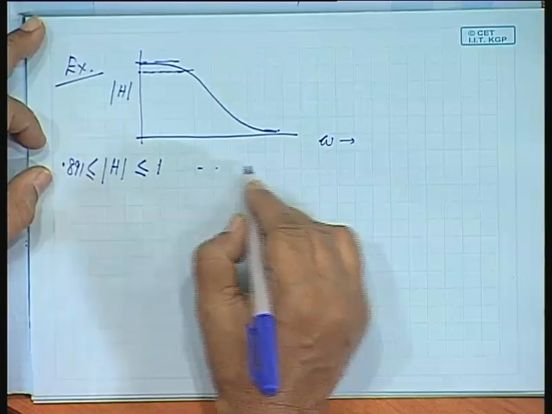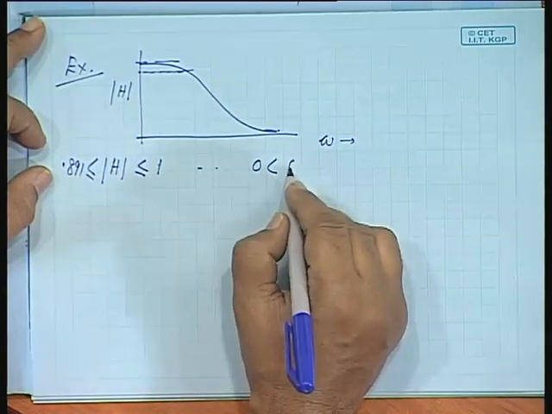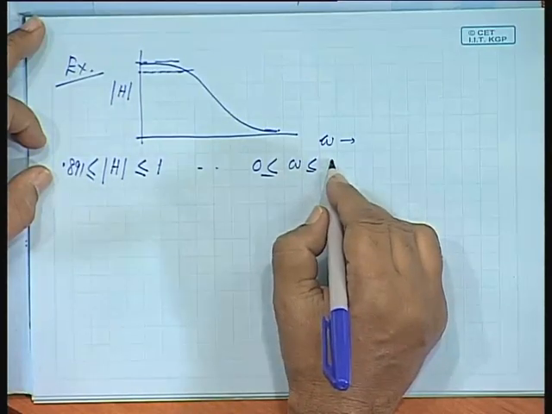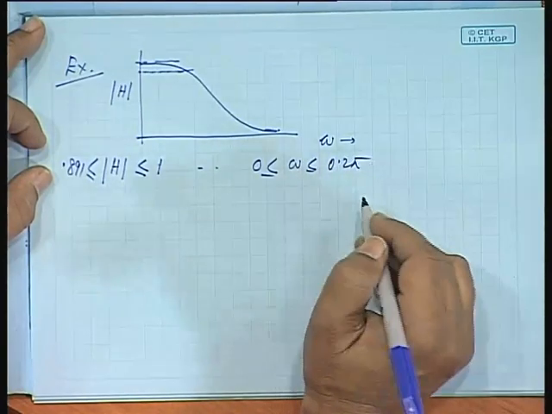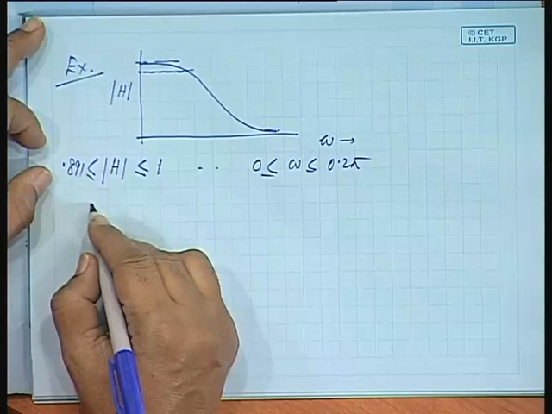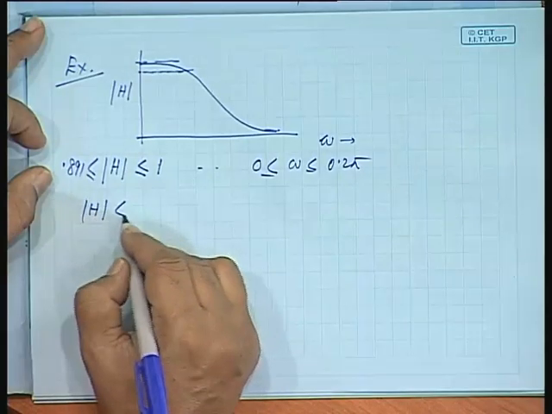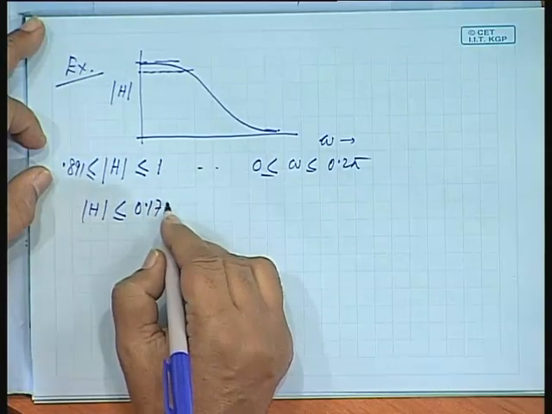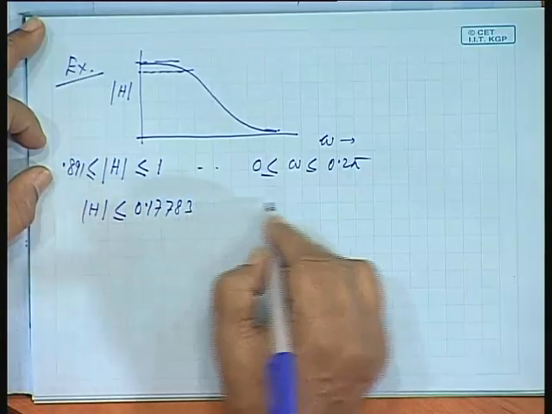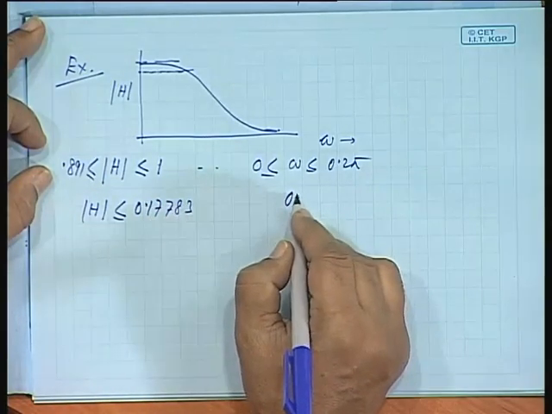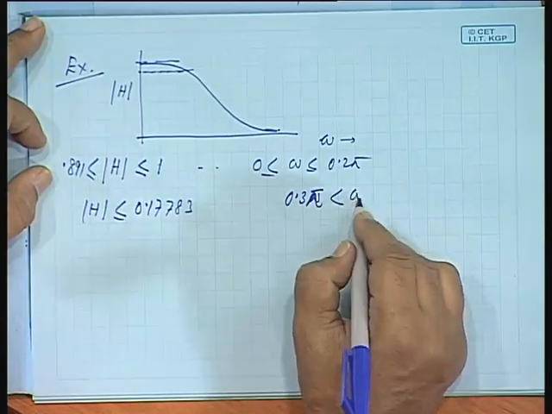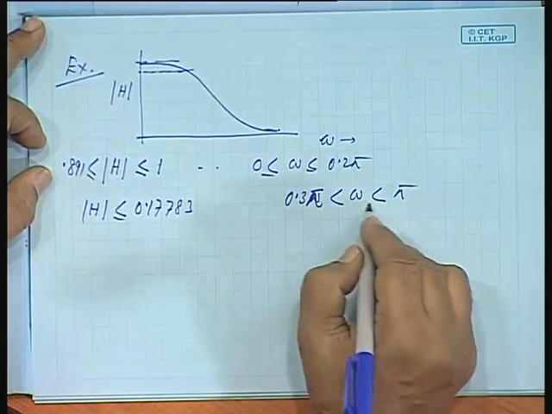And this is for 0 to omega 0.2 pi, and H magnitude is less than equal to 0.17783 for omega between 0.3 pi to pi.